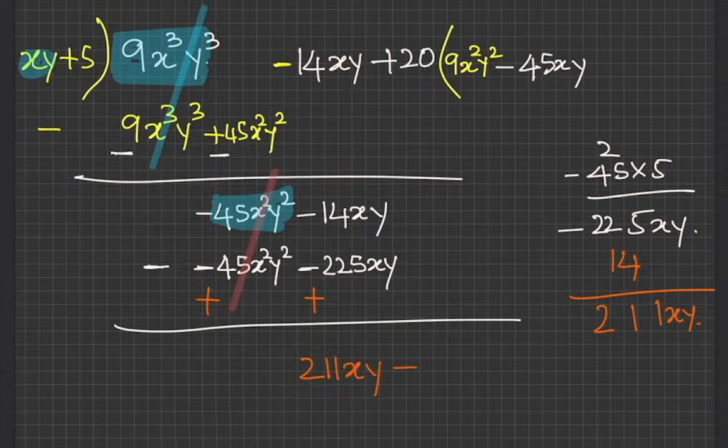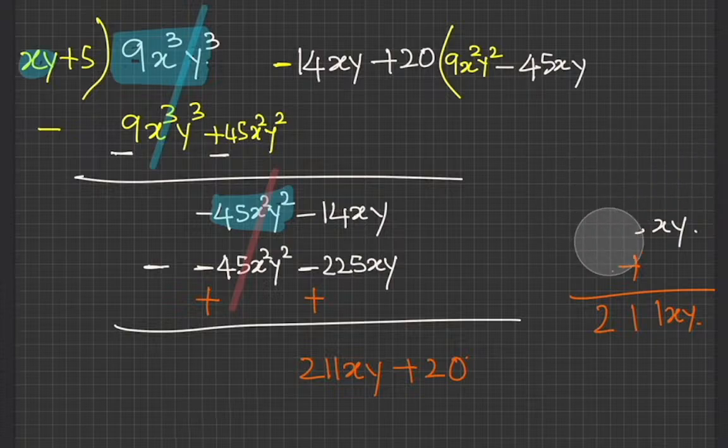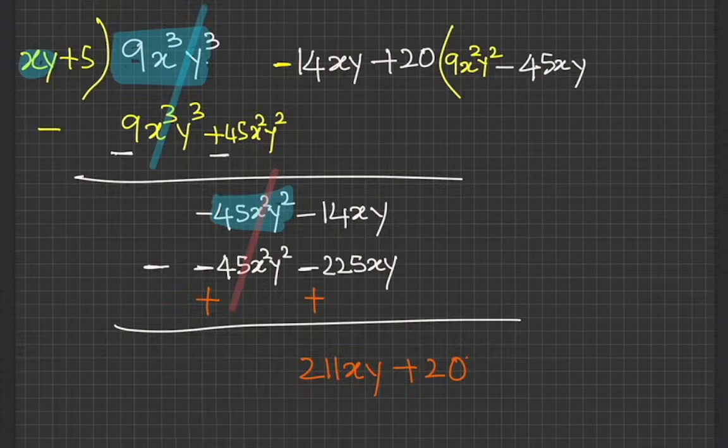Now I'm going to bring in 20. So 200xy, 211. So now it is plus 211, right? So 211 times xy is 211xy. The subtraction sign. I'm going to subtract this, and then plus 211 times 5, right?